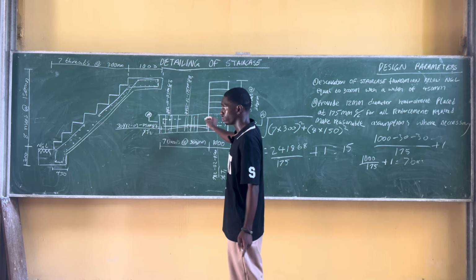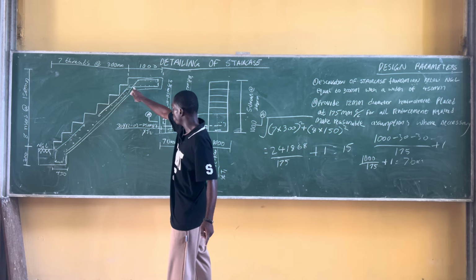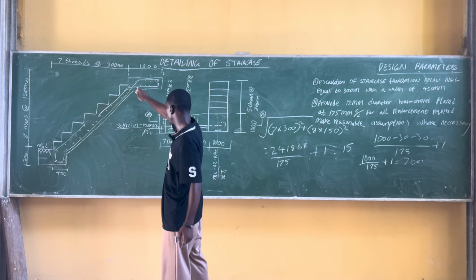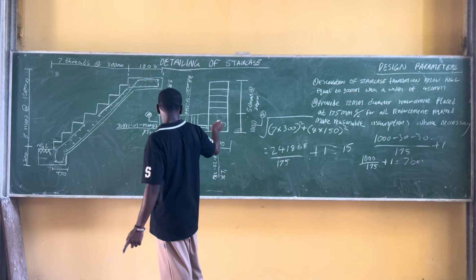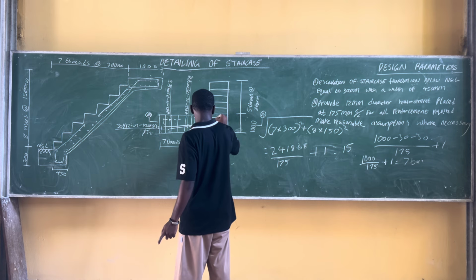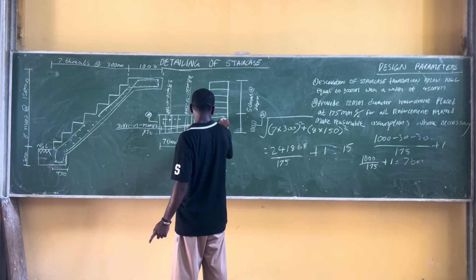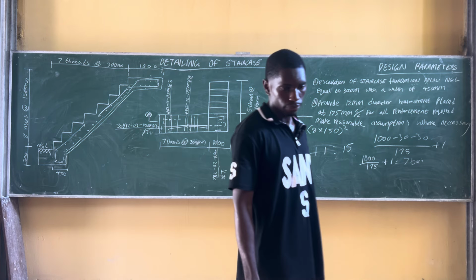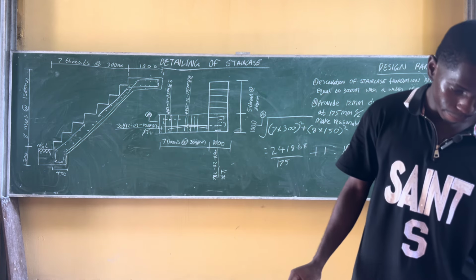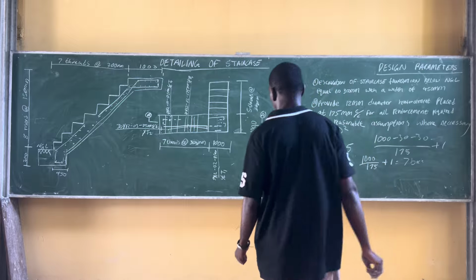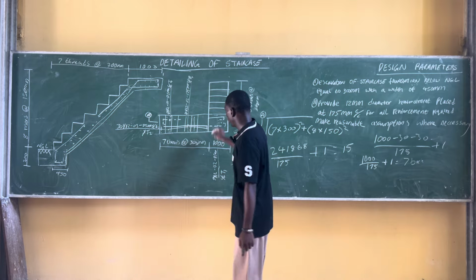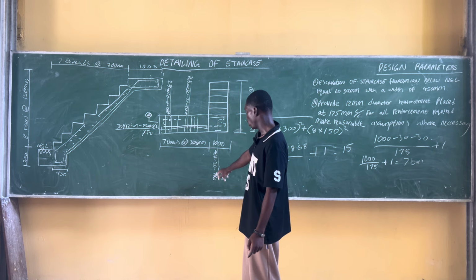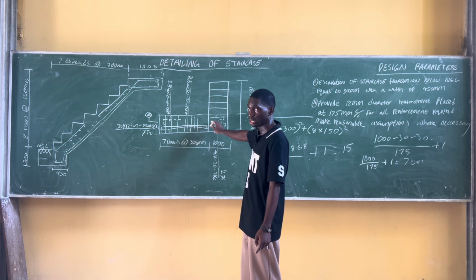We'll do one for this section. This part is a bottom reinforcement, which is B1. And that B1 will still be the same thing as our T1 because it's spanning that 1,000 millimeter.